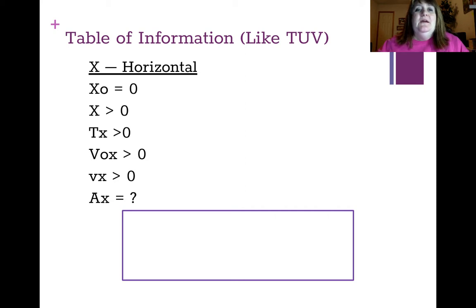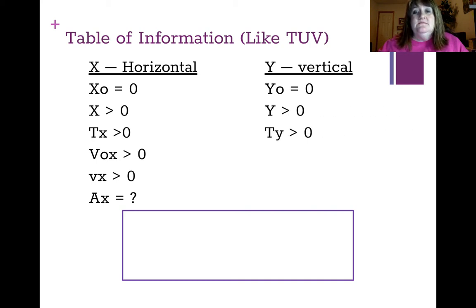Okay, so that's all horizontal, right? Vertical is y naught and y, ty, v naught y and vy, and ay, which is that negative 9.8.